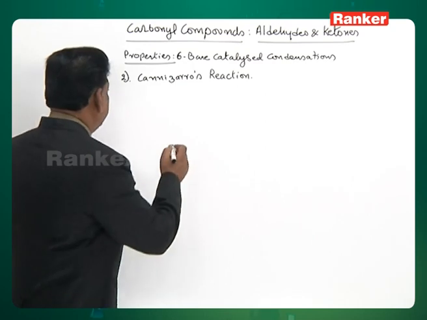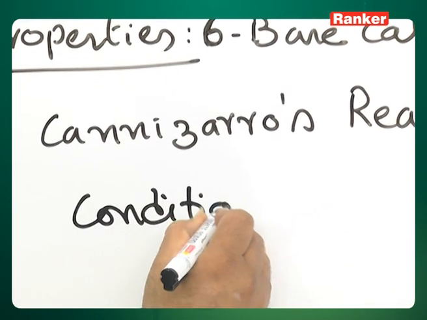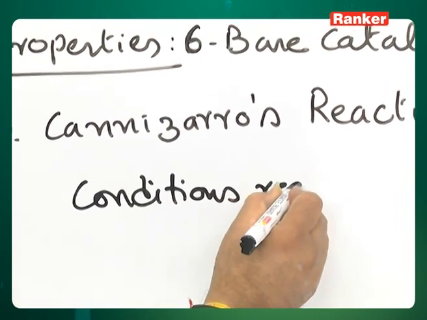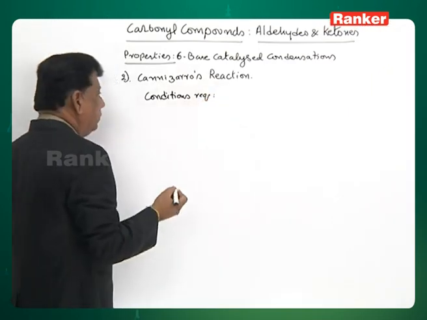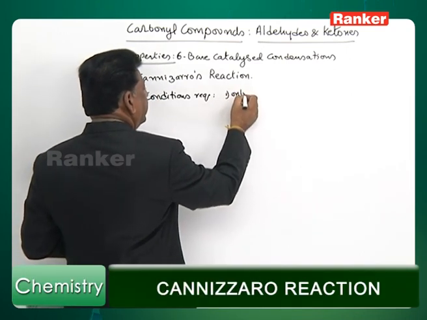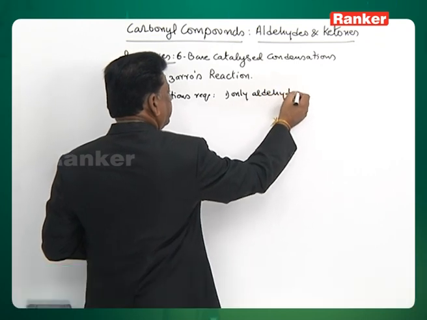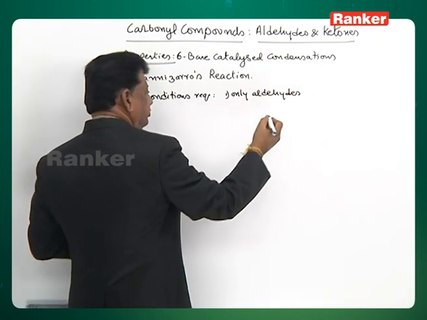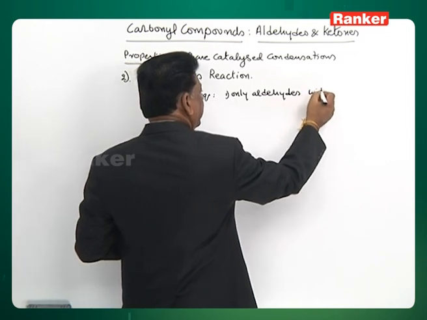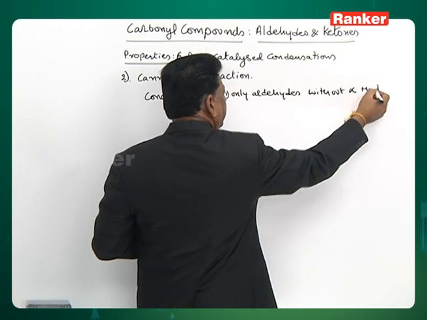And the conditions required here. What conditions are required for the Cannizzaro reaction? The first condition is only aldehydes, that too without alpha hydrogens.